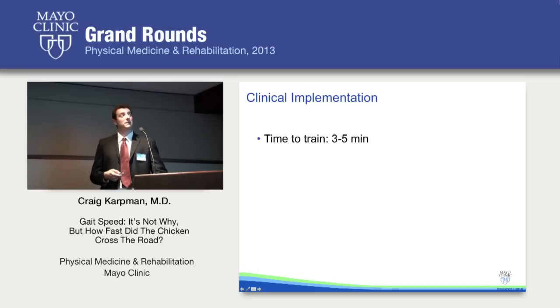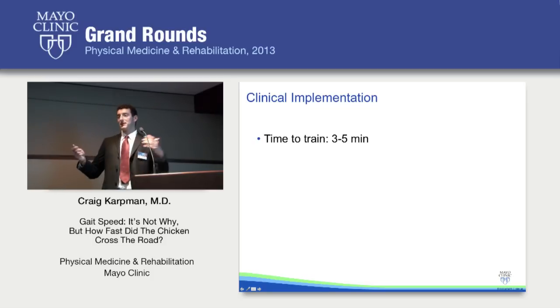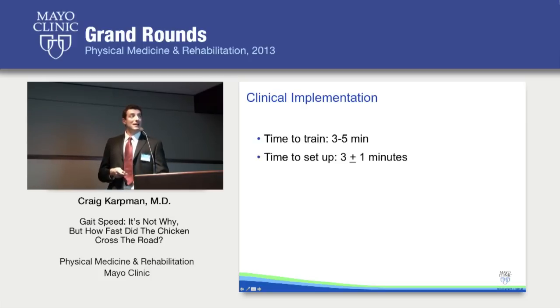For the clinical implementation part, we saw that it took about 3 to 5 minutes to train each person. Because the setup and the administration are so simple, it really didn't take much time, and we could group clinical assistants together when we did the training. Every morning, the equipment has to be set up. I have it all up here so you guys can just take a look and play with it.